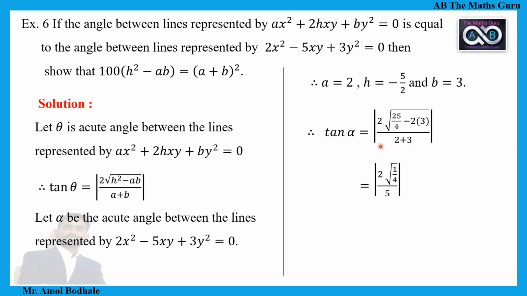If we expand this we get 2 square root of (25 minus 24) upon 4, that is 1 by 4, upon 2 plus 3, that is 5. Square root of 1 by 4 is 1 by 2. So 2 into 1 by 2 upon 5. So we get tan alpha equal to mod of 1 by 5. So tan alpha is 1 by 5.